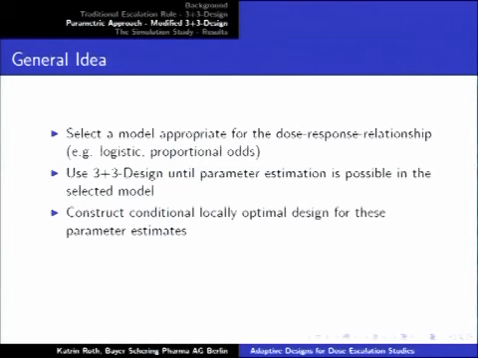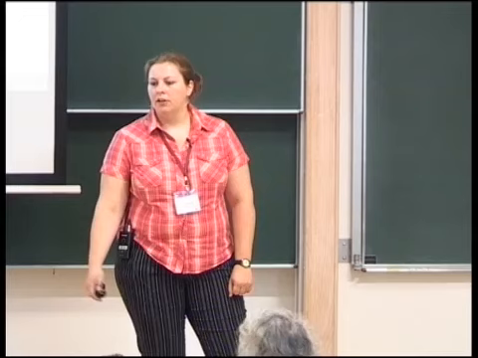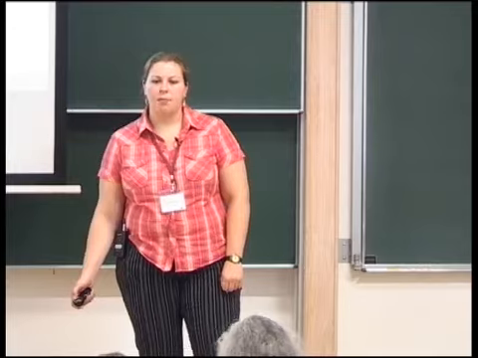With this data, I construct a locally optimal design conditioned on the previous observations and the estimated parameters. And then I treat the next cohort of patients according to this optimal design, and I continue until I reach some stopping criterion. And after each step, I adjust the design.